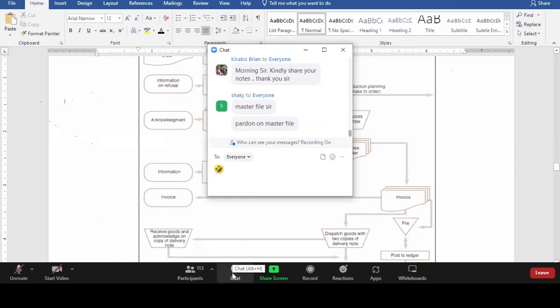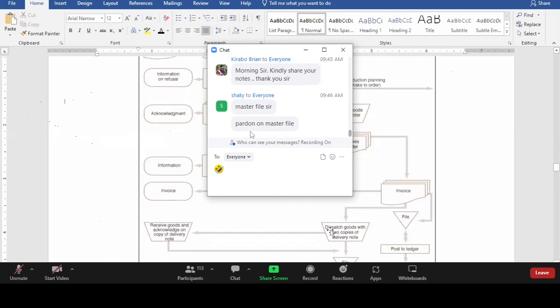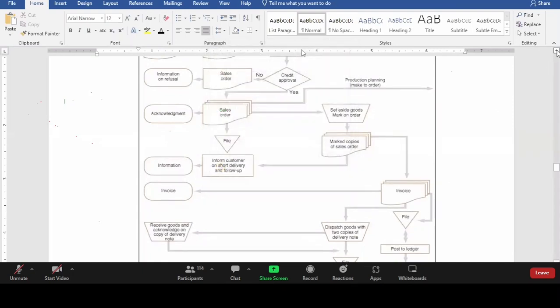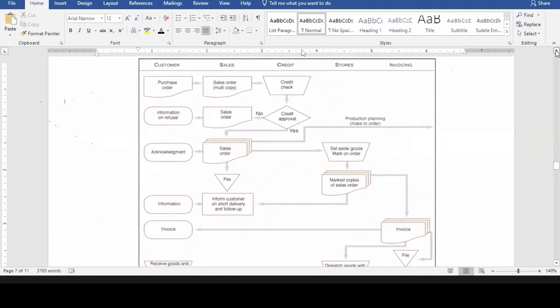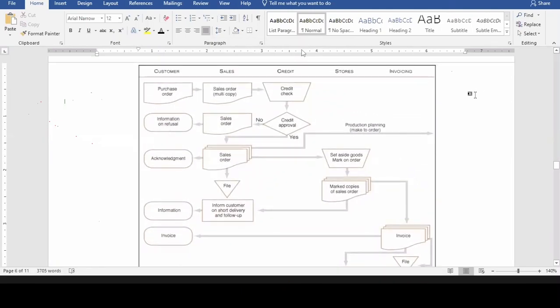So in a nutshell, of course, a copy of the delivery note is kept in the store. So it shows the control, the procedures of sales transactions. You can see various people involved.